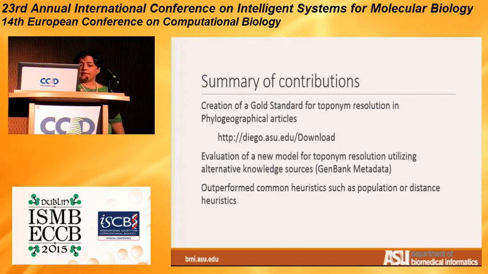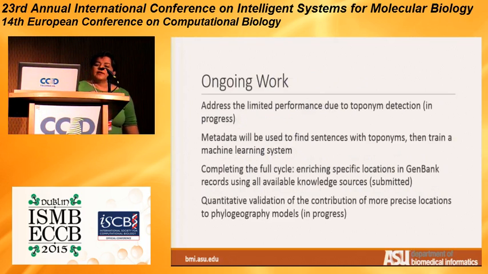We also created this evaluation of a new model for toponym resolution, utilizing alternative knowledge sources, particularly metadata, but it's prepared for other layers as well. And overall it outperformed common heuristics such as population and distance. We have ongoing work to address the limited performance due to toponym detection. So yes, obviously we went back and are working on that as well to improve the overall task.